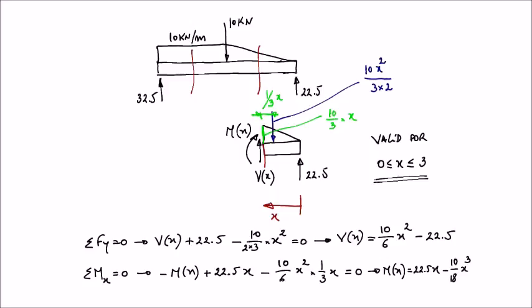Okay, so we have to do now the analysis for the section between A and the midpoint of the beam. So I'm going to use a new page. So I'm going to draw here again the beam.